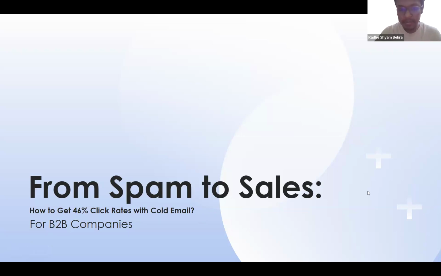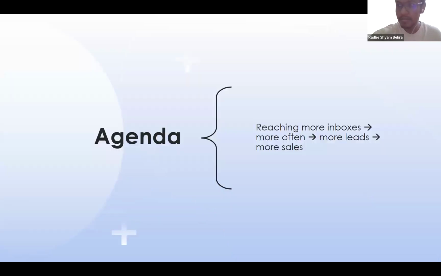Okay, so let's move on. All right, so I'm on to the second slide. All we want to do when we are running a cold outreach campaign is reach more inboxes. We want to reach them more often and we want to convert more leads out of it, and eventually more leads meaning more sales.